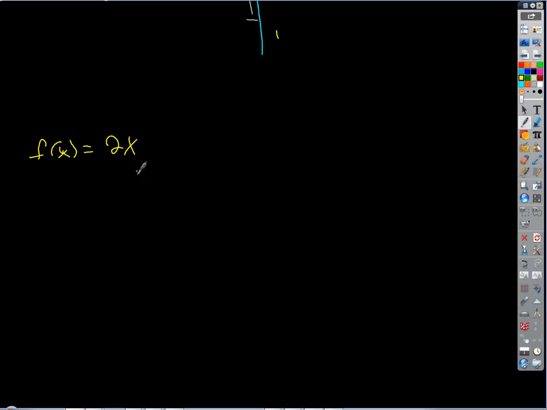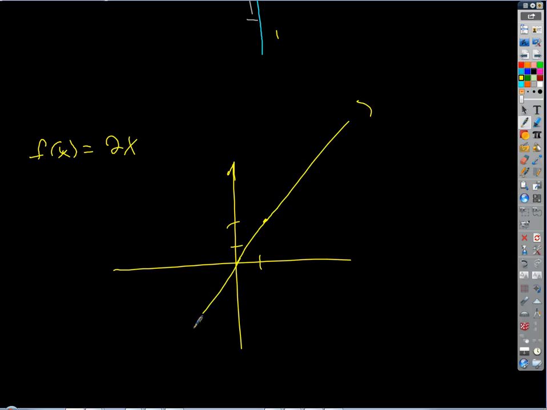The domain, the set of x values. Are there any values that wouldn't work for x? It's all reals, isn't it? Right? If I graph this line, it's just through the origin with a slope of 2, and it goes forever in either direction, doesn't it? Right? And so there's no x value I couldn't put into this function. It's going to give me back a y value.